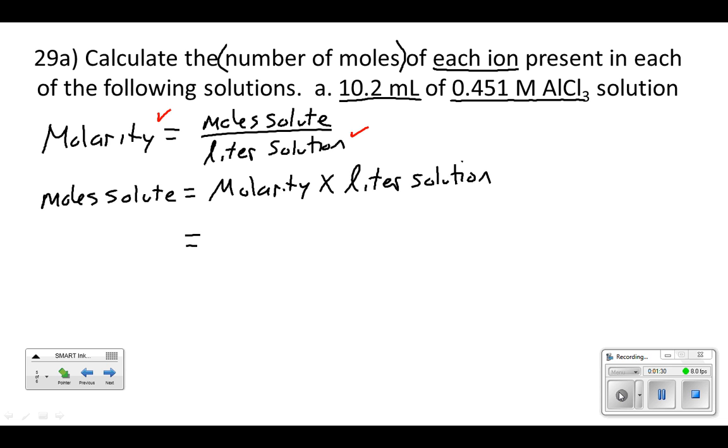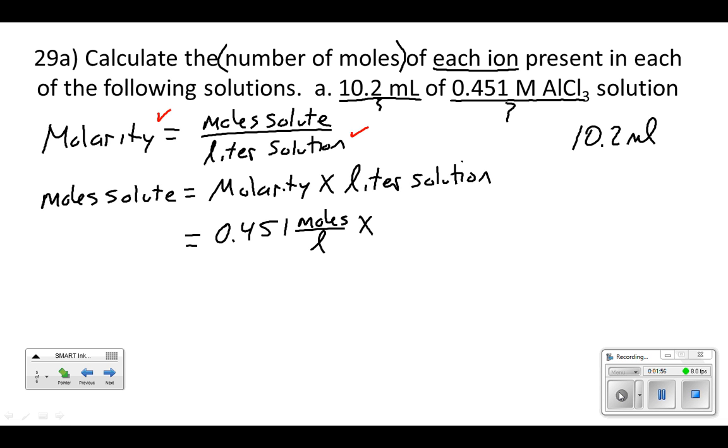So let's look at those numbers. We do have a molarity. It's given in the problem. It's right here. So 0.451. And instead of writing the big M, I'm going to remember that big M actually is short for moles over liters. And then multiply it by the liters of solution. Now, our volume here is 10.2 milliliters. So we can do a real quick conversion here.